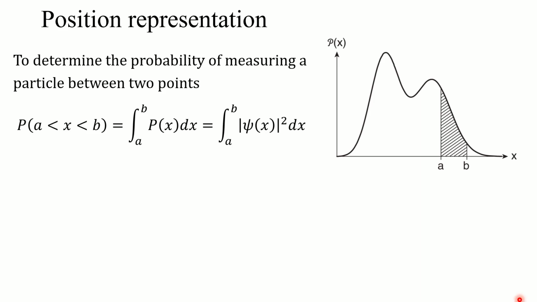We just take that probability density given by our wave function complex squared and integrate it between A and B, get that area under the curve, and that gives us the probability that if we measure the position of that particle, its outcome will be between A and B.